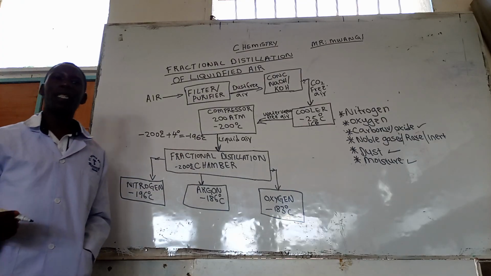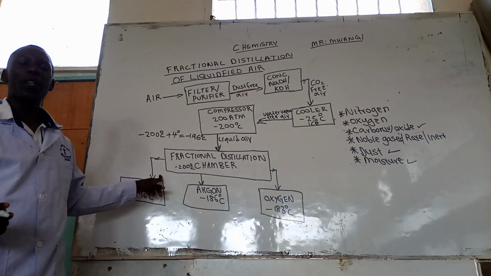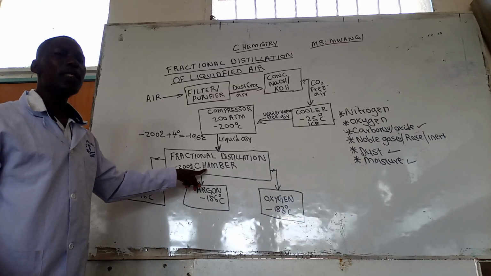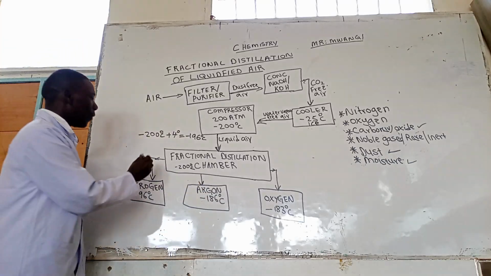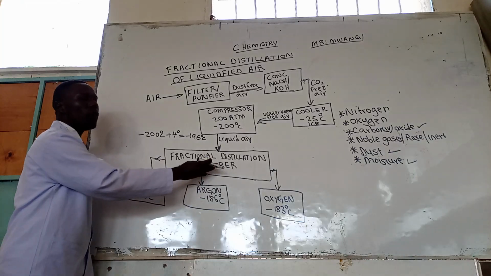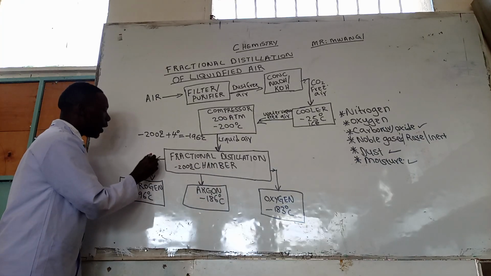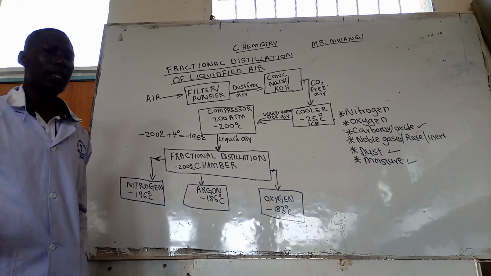At negative 196 degrees Celsius, nitrogen reaches its boiling point. Therefore, it changes from liquid to gas. Having changed from liquid to gas, the others remain in form of liquid. Therefore, nitrogen can easily be tapped out in gaseous state.